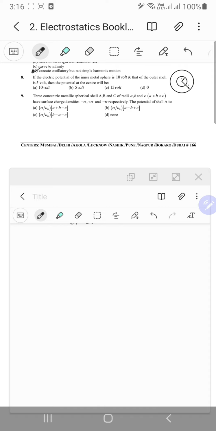That's really bad. They did not define it very correctly though. We don't know what they mean by potential at this point, because it could be the potential just due to this thing, but it could also be due to this thing plus this thing. I guess it must have been due to this thing plus this thing. So if a charge just comes from infinity to this particular point, that's the energy it would have gained.